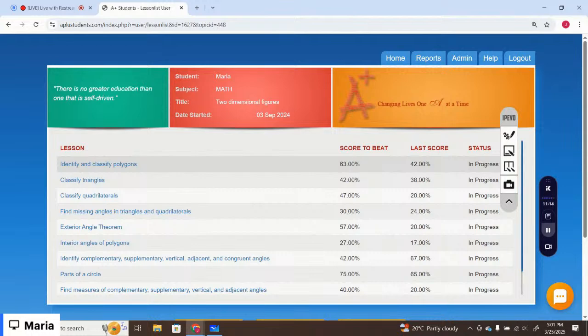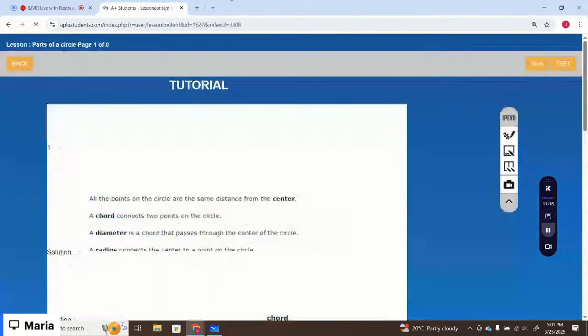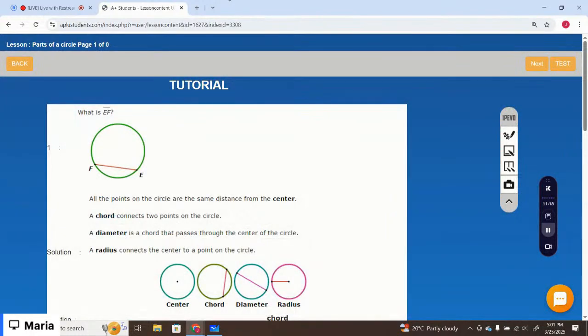The next lesson is parts of a circle. What is EF?